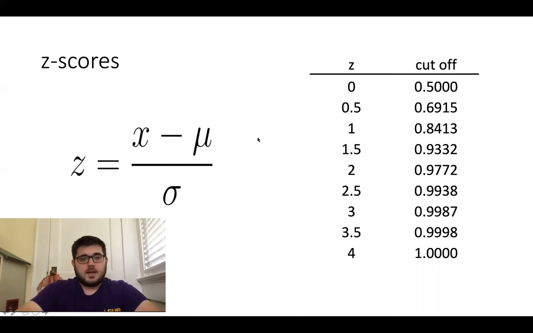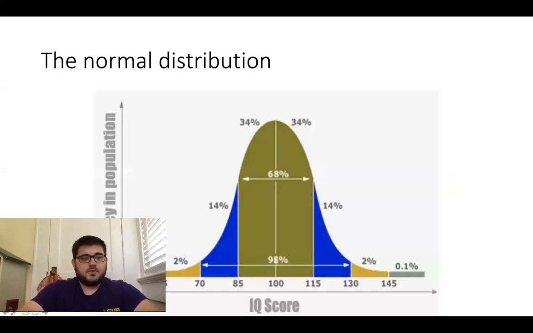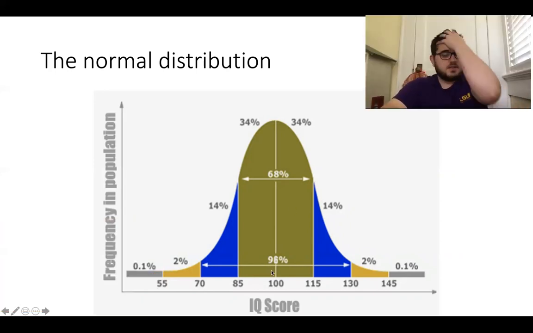So if we go back to our first slide, if you have a Z-score of 0, meaning that you are 0 standard deviations away from the mean, that would mean that you're right here, right smack dab in the middle of the distribution. You have 0 distance from the mean. If you are 1 standard deviation above the mean, so you have a Z-score of 1, that would mean that you are up here.